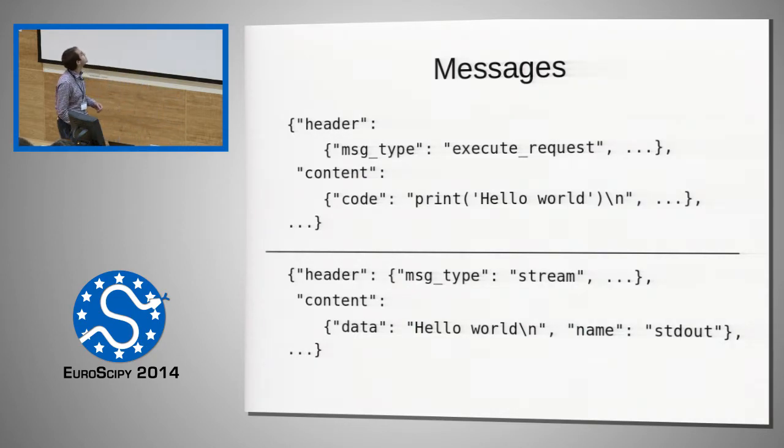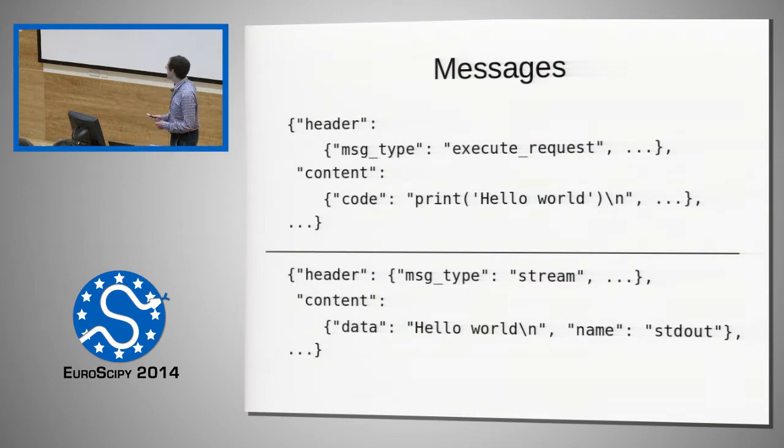So this is a simplified form, but they're JSON messages. If I type print hello world in the notebook or the Qt console, then it sends an execute request message with code print hello world, and there are various other fields that I've left out here, but those are the important ones.